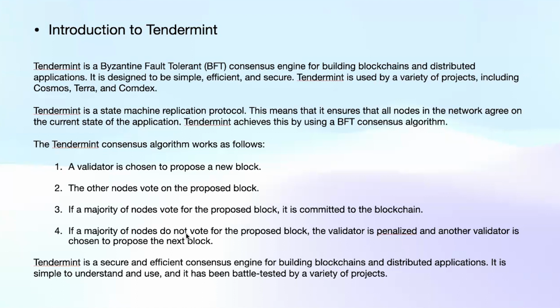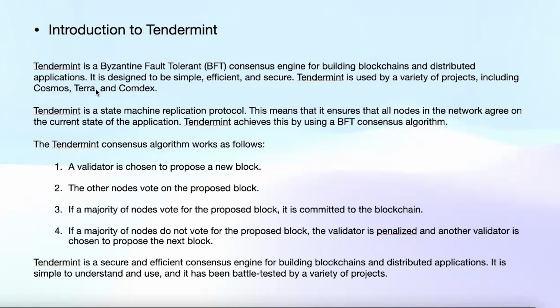If the majority of nodes do not vote for the proposed block, the validator is penalized and another validator is chosen to propose the next block. So what does it mean? The specific validator which is not proposing, voting, pre-committing or doing anything is penalized, and its staked amount is slashed.